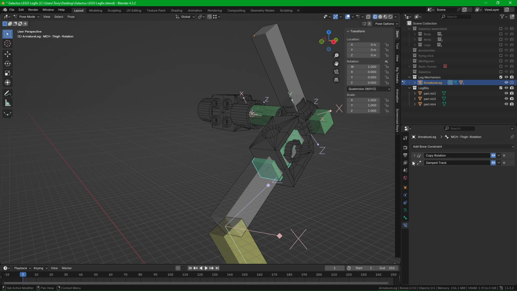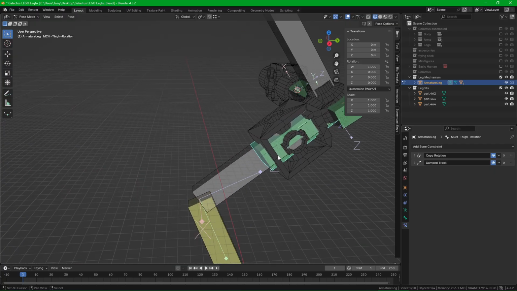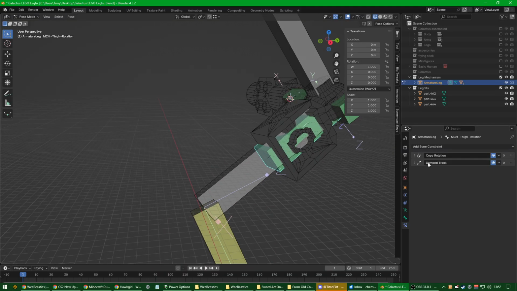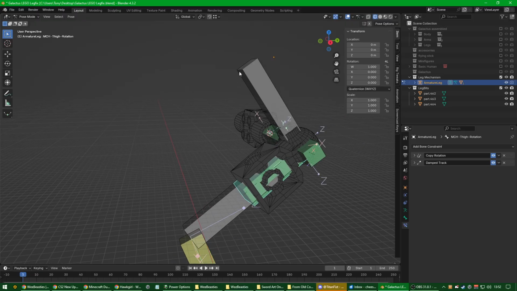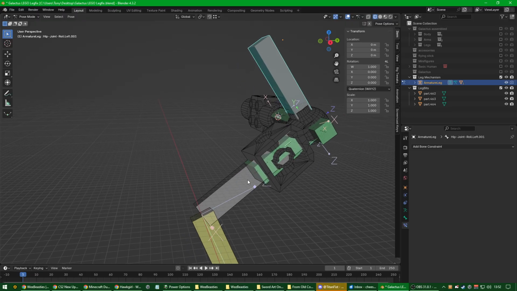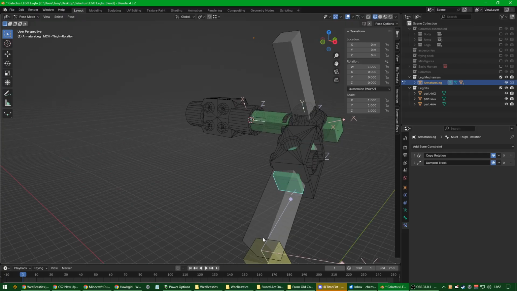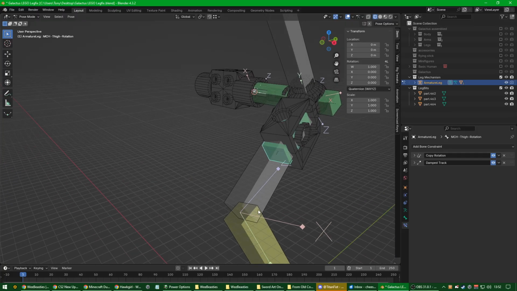Similarly, a third way, I didn't have to use copy rotation. I could have used multiple damp tracks, I think, which I think I tried before, but it was slightly less good. Instead of copy rotation, I could have pointed the damp track towards this knee, and if I point a damp track towards this knee, it's basically the same as a copy rotation.